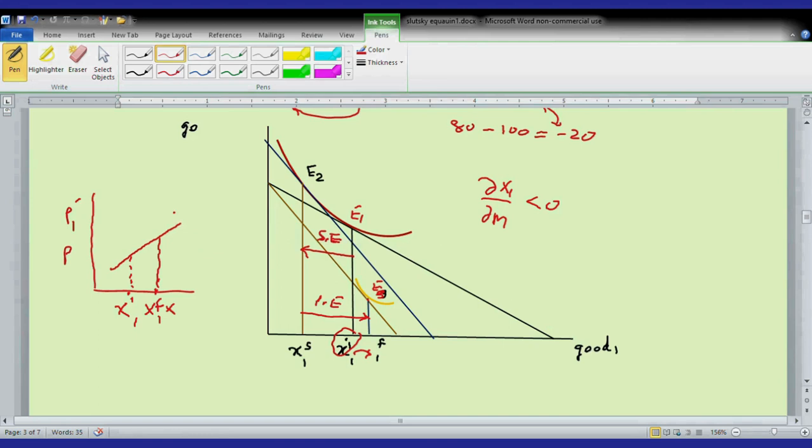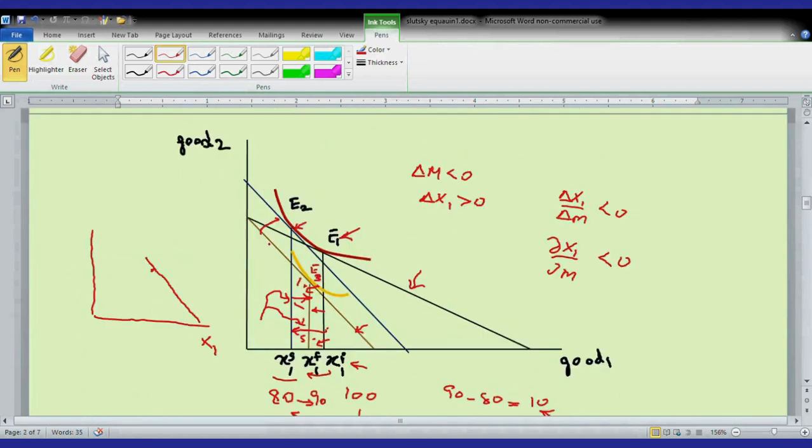This is something that is known as the case of the Giffen good. You know this concept probably from your previous courses in microeconomics. So that is the Giffen good case, where income and substitution effects move in opposite direction, with the income effect dominating the substitution effect, and thereby causing an increase in the consumption of a good of which the price has increased in terms of total consumption.